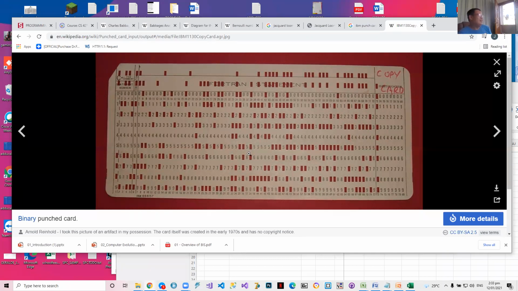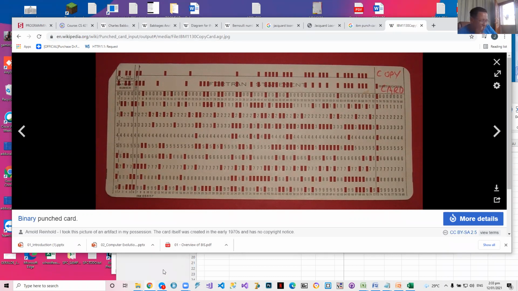Yan ang tinatawag na stored program concept. All computers nowadays are stored program computers. Even if you have a program in the hard disk, an executable file, it will not execute from the hard disk. It will first load into memory and execute it one by one. Do you follow?